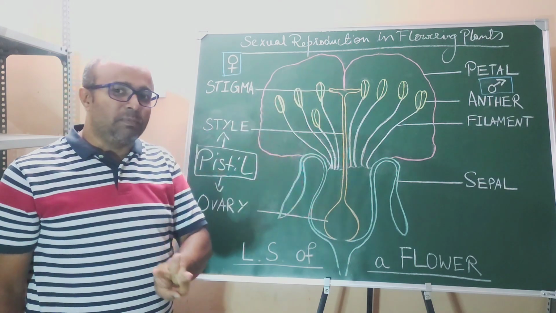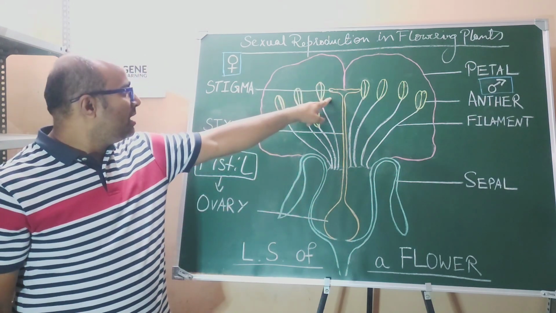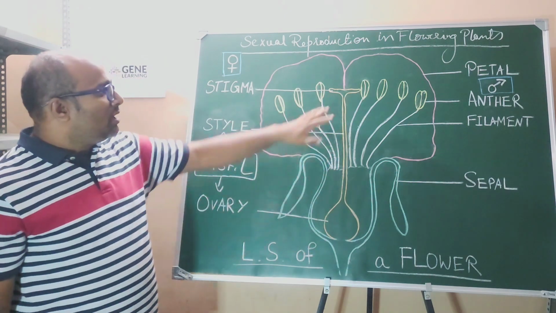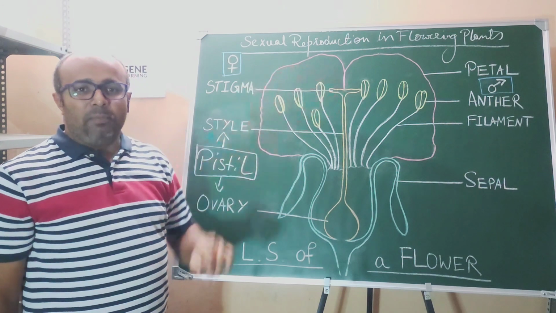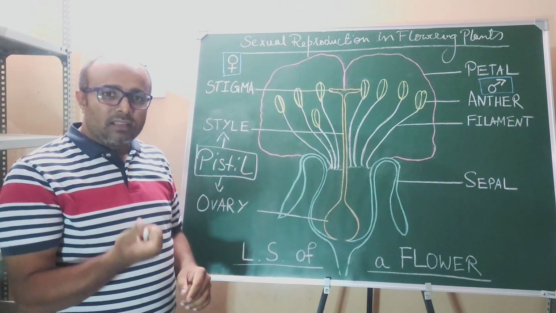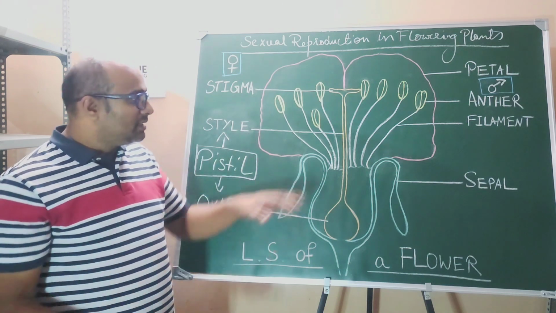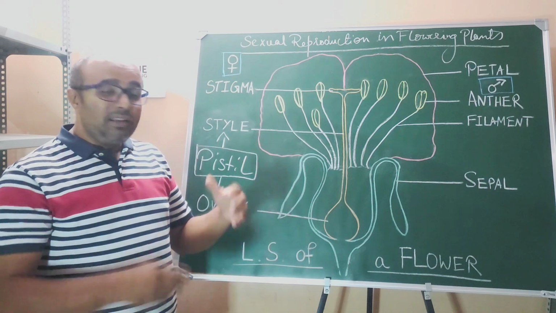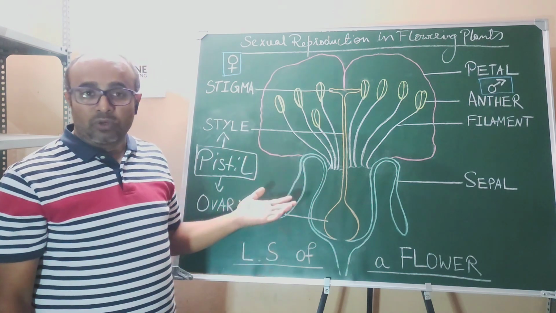The pistil consists of three parts: stigma, style, and ovary. Now, what is stigma? Stigma is a receptacle where the pollen grains come and stick, and as these flowers are exposed to the air, any type of pollen grain might come and stick to it.